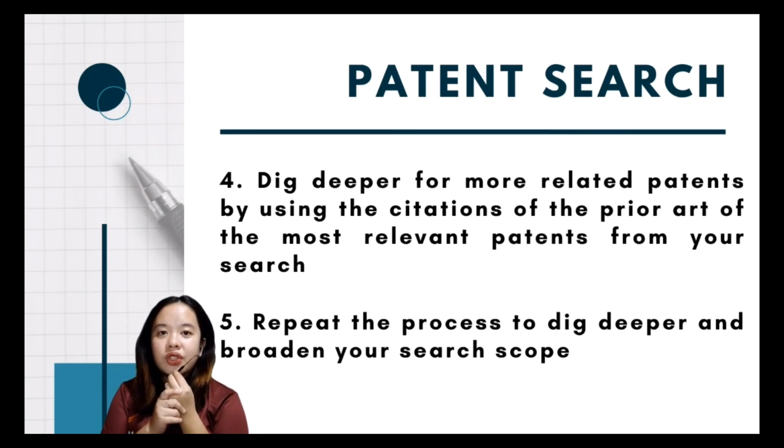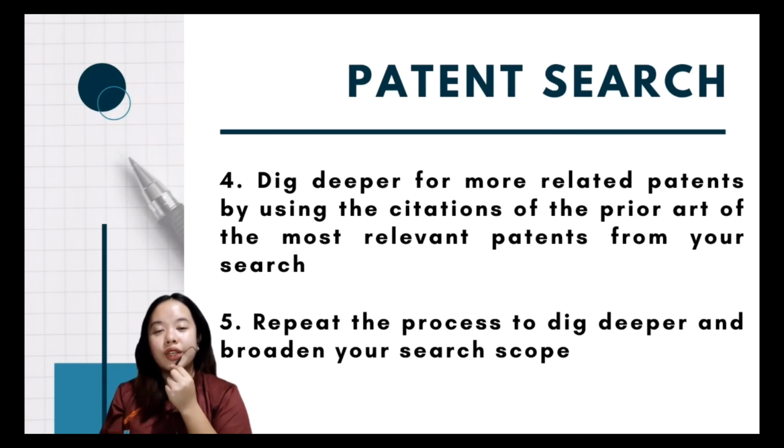Some online search tools offer search features that can eliminate the effort required to go through the citations layer by layer. Utilizing such tools and algorithms may prove to be a more efficient and beginner-friendly way to do a patent search.